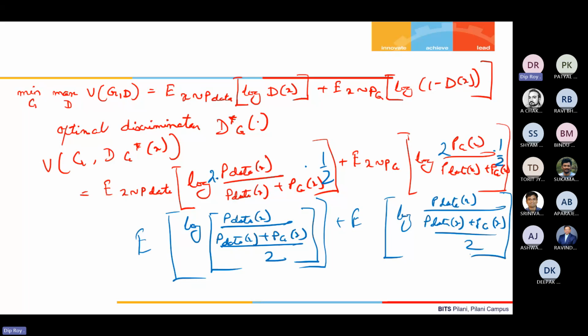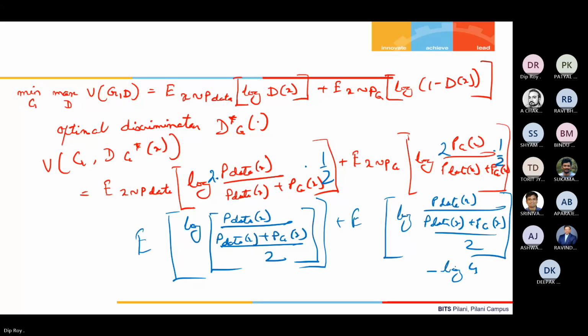Now we had this half on both sides. This is basically a log, so I can write it as a sum, and then I'll flip the half and this will become minus log of 4.